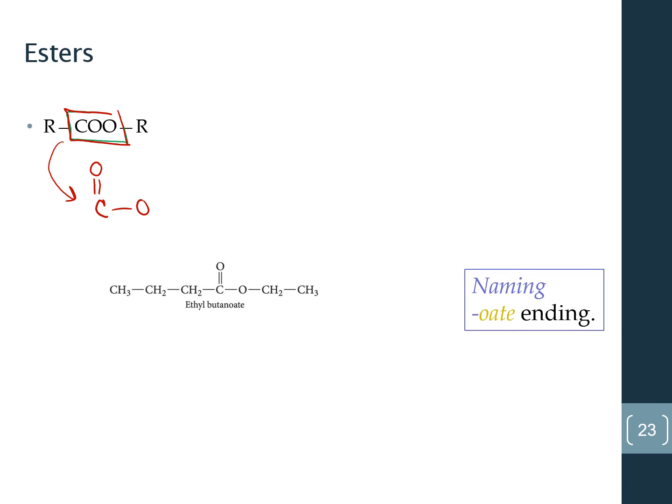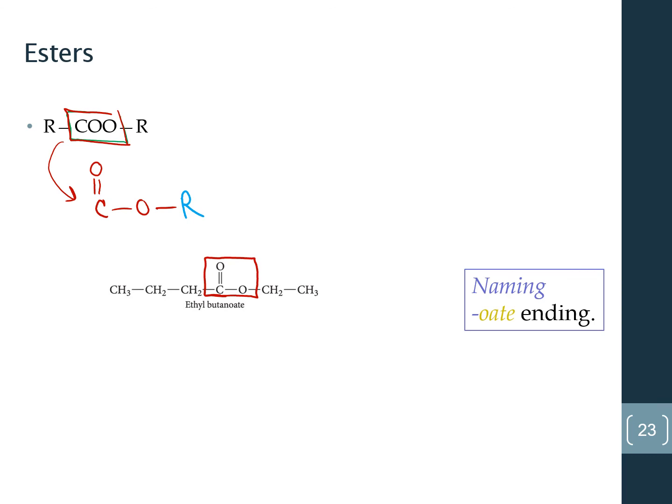If you have a carbonyl bonded to only an oxygen, after that oxygen what you're going to have is an R group, something containing carbon. That represents an ester. You can see your functional group right here. You see your carbonyl, and that carbonyl is bonded to an oxygen right there.